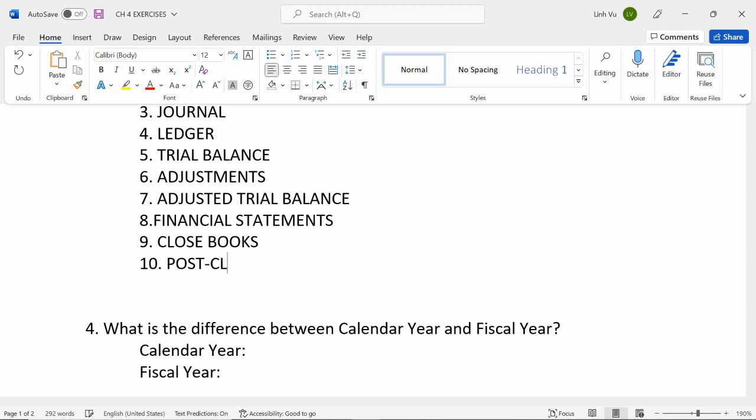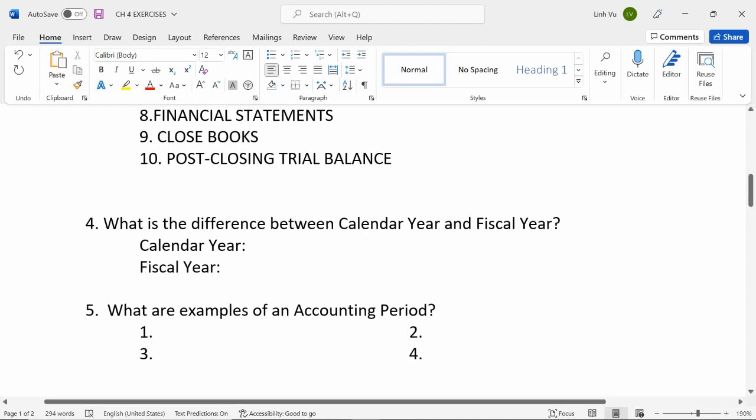And last one? Post-closing trial balance. Good. Okay. Number 4, what is the difference between calendar and fiscal year?